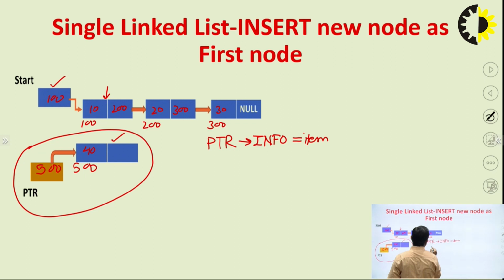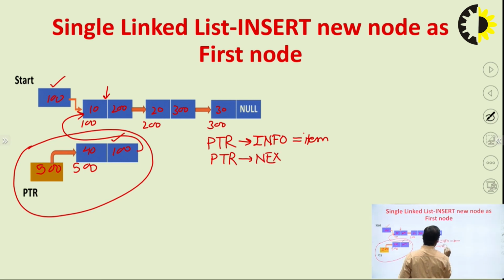Now the address field of the new node will point to the node which is currently the first node. So that will contain the address 100. So ptr arrow next will contain 100. And where is 100 stored? 100 is stored in the start. Now we have provided the link of the newly allocated node to the currently first node.